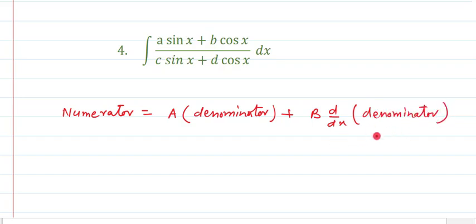Only this simple step will lead the question in a very simple way. Okay, so what is A and B? A and B are the two constant terms that we will calculate by equating the coefficients from both sides, that is LHS and RHS. And after calculating A and B, the question will be so simple.